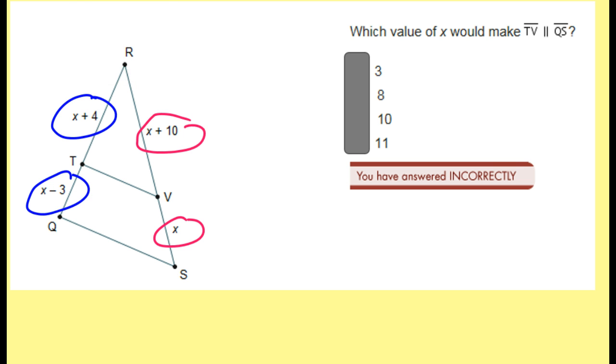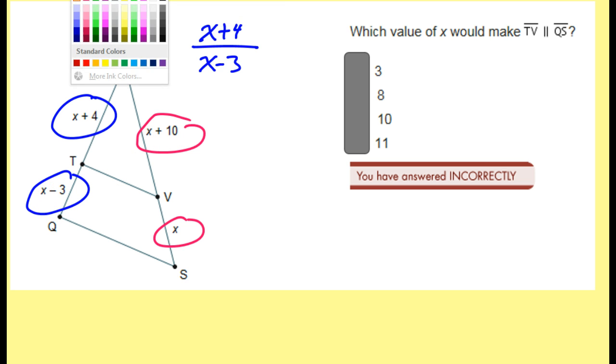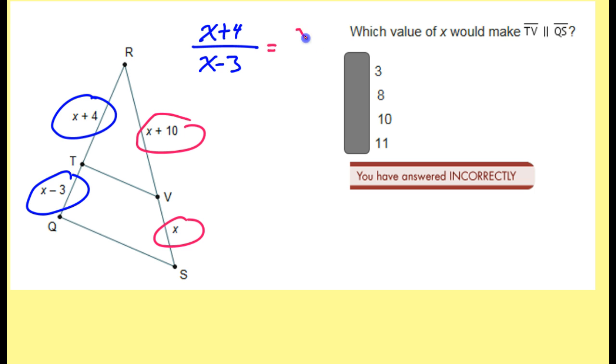For example, x plus 4 over x minus 3, top over bottom, should equal x plus 10 over x. I should be able to make an equation like this. This only works if these are parallel. So let's solve this equation, and that should give us the necessary value of x.